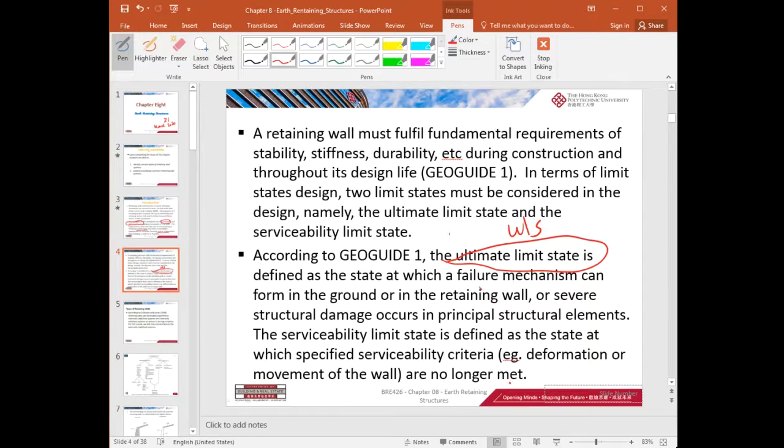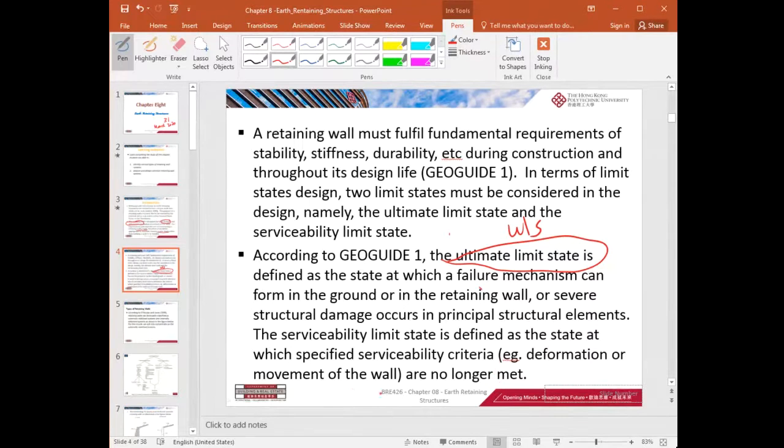We don't want the structure toppling over or tilting, or the settlement to be too much. So all these are the ultimate limit state. And there could be some severe structural damage incurred if the ultimate limit state requirements are not met.